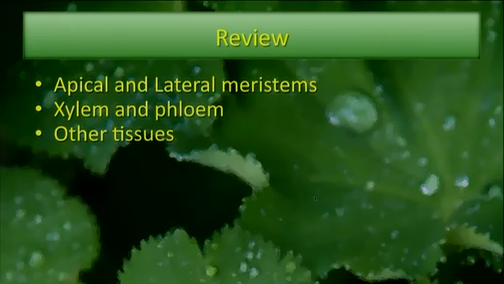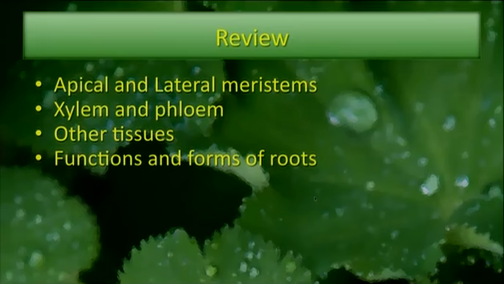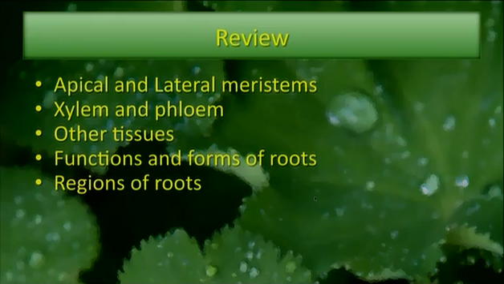We talked about other tissues such as secretory tissues. We talked about the functions of roots and also the forms of roots. We talked about the regions of roots, the root anatomy: the root cap, the area of cell division, the region of cell elongation, the region of maturation.